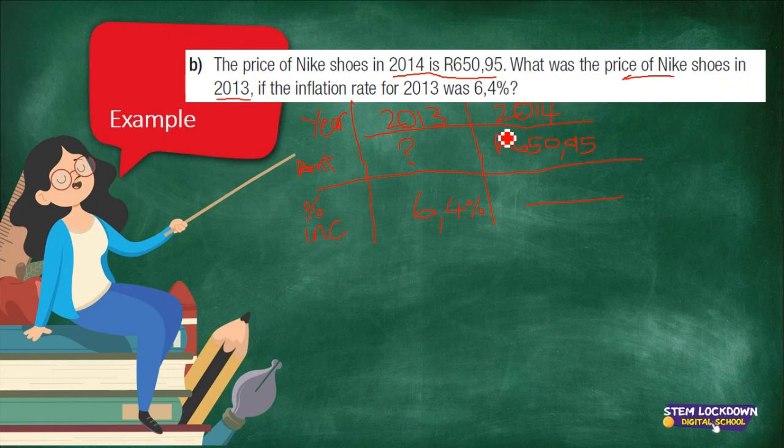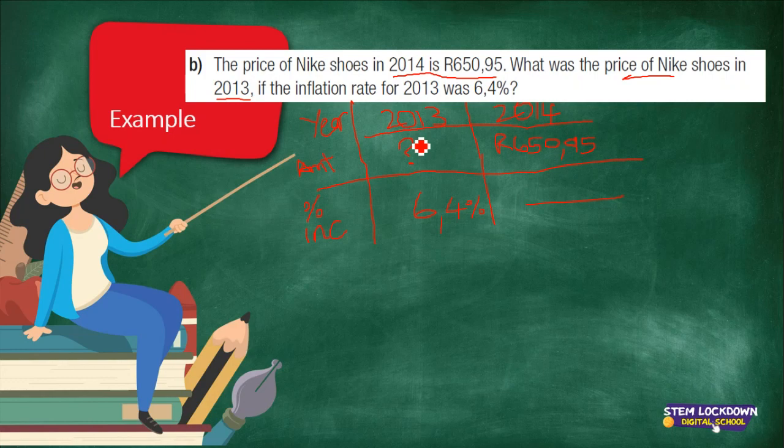Clue: because there was an increase, it must have been less. I like this question a lot. I want to give you a minute to do this question. Please work through it.